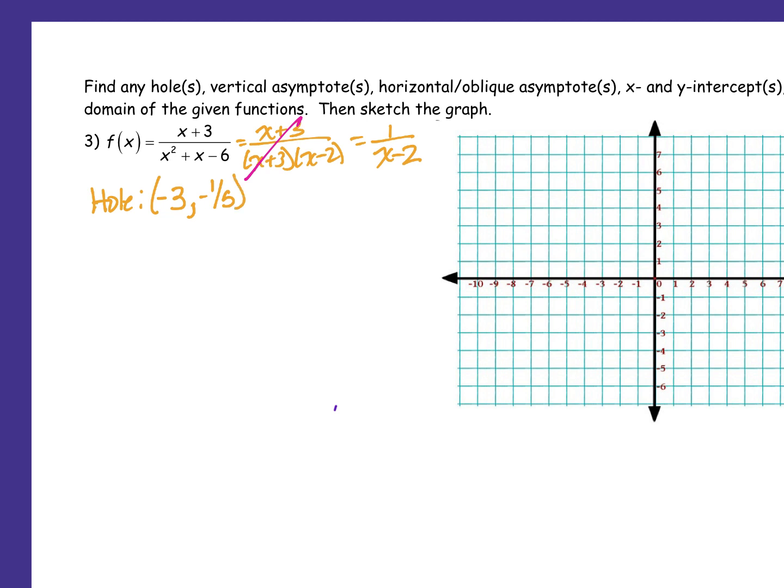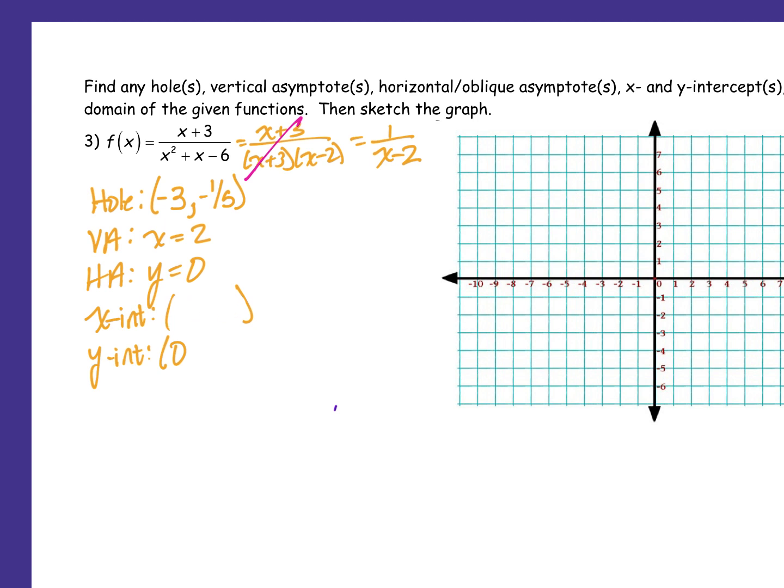Then I have a vertical asymptote at x equals 2, a horizontal asymptote again at y equals 0, and an x-intercept at, let's see, -1/2, 0, a y-intercept at, oh, I think I did that one wrong.